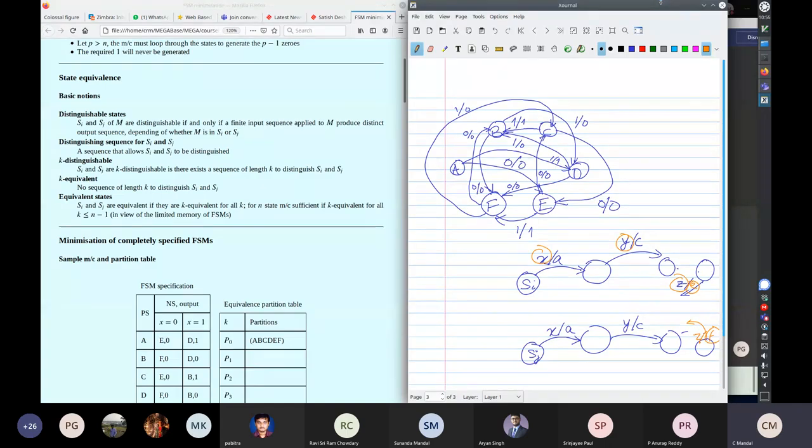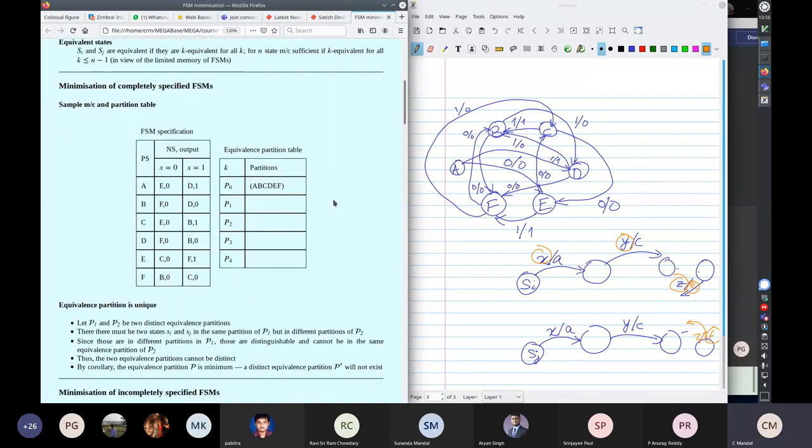All right. So the way we can use that principle is, if we consider the example shown here, you have a machine with 6 states.